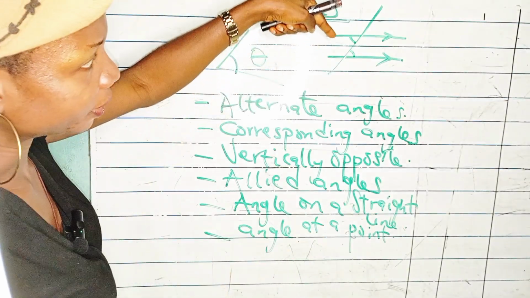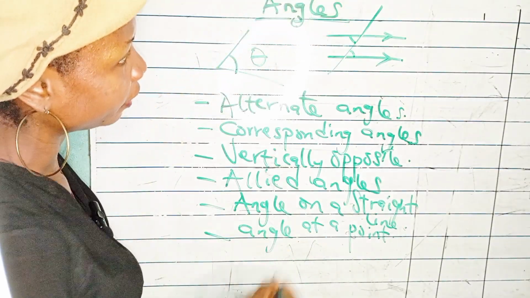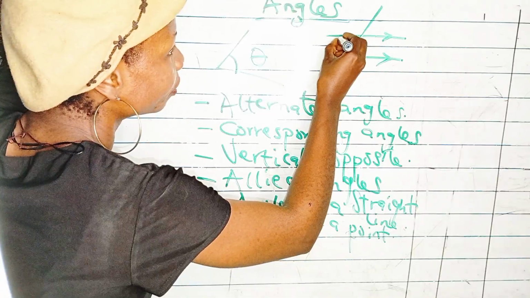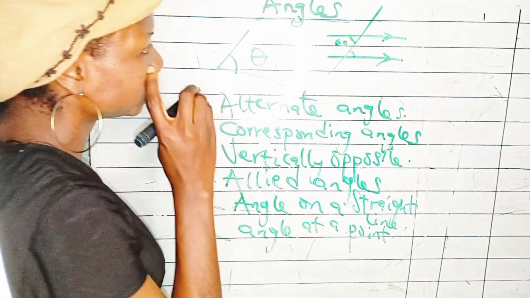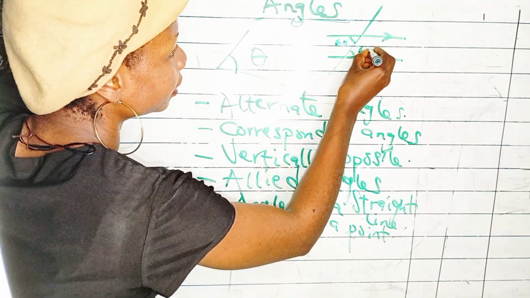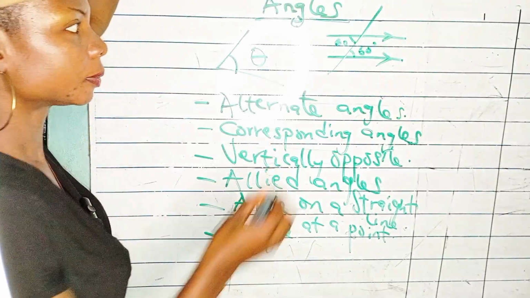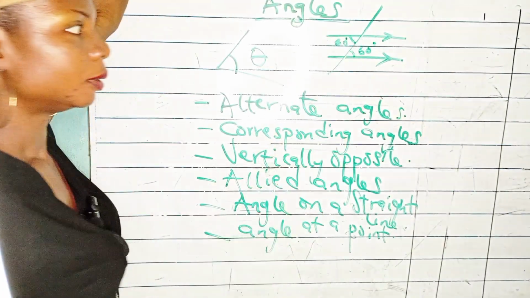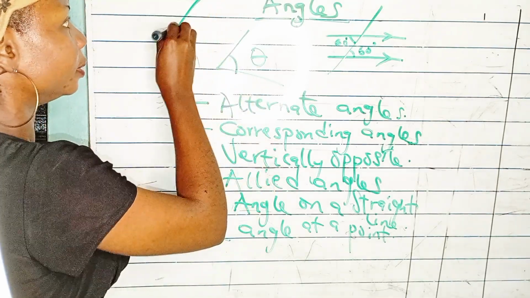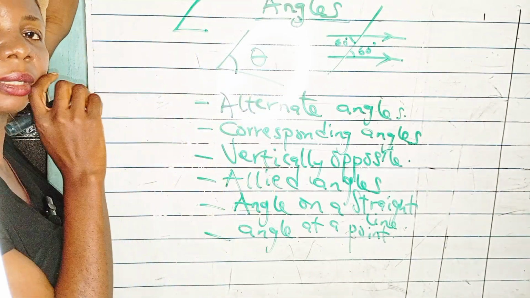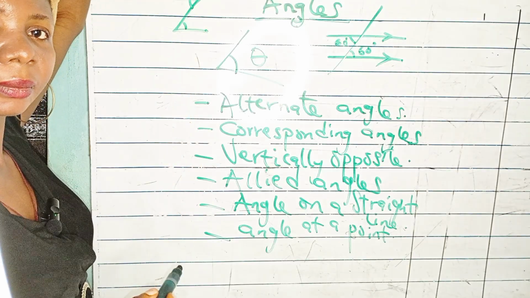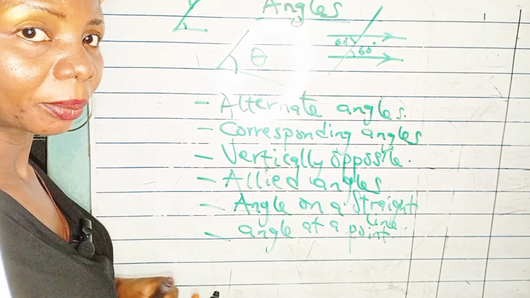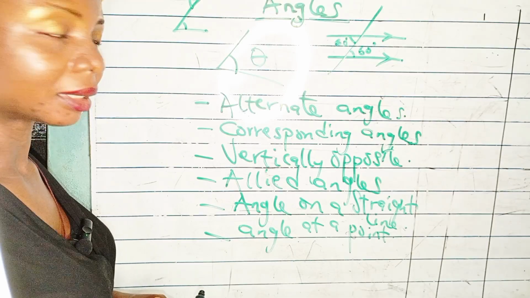That means if the angle between here and here is, say, 60 degrees, this one here is also 60 degrees. We call them Z angles because they look like Z. Alternate angles are equal.